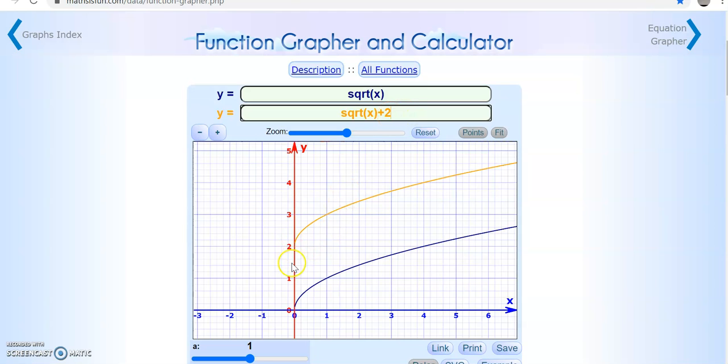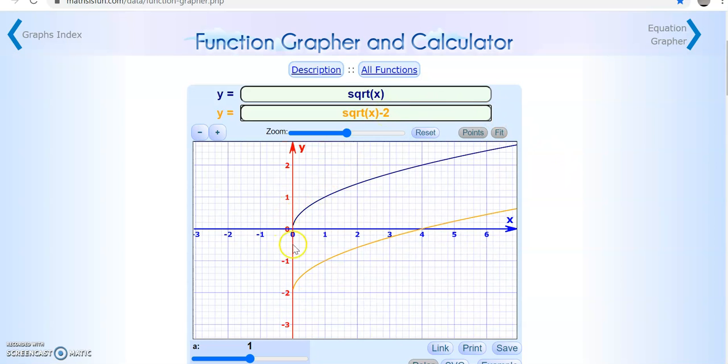Similarly, if I change it to -2, the graph is moved down, because every y value we have, say 0, we subtract 2 from that, we get -2, and 1, subtract 2, we get -1, and so on. So looking at the graphs can help you understand why we are shifting graphs up or down.